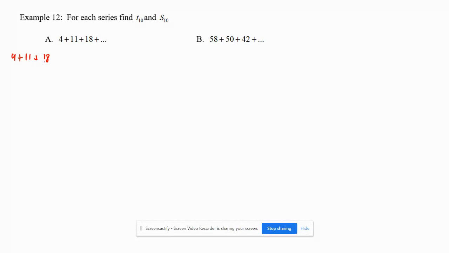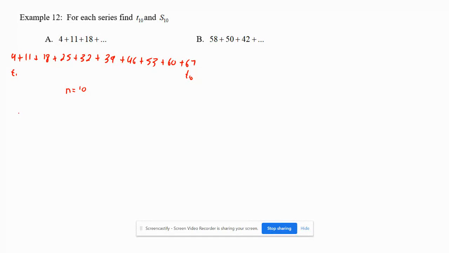Hopefully you see, guys, a common difference is 7 here. So it's plus 25, plus 32, plus 39, plus 46, plus 53, plus 60, plus 67. So that means this over here is T10. This is T1, and we know there's 10 terms here. We know that n equals 10.